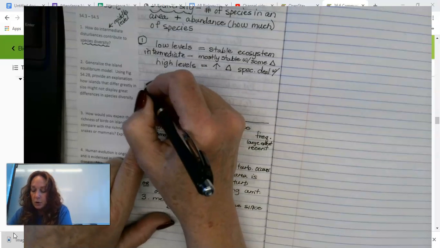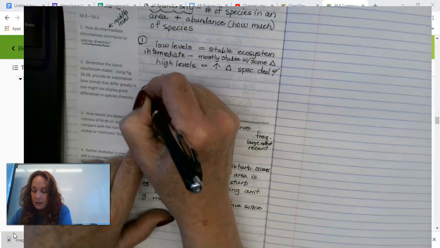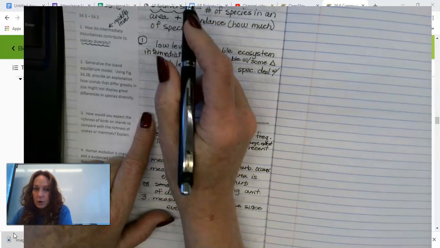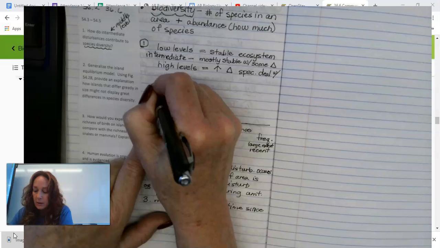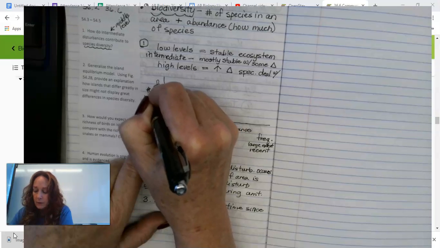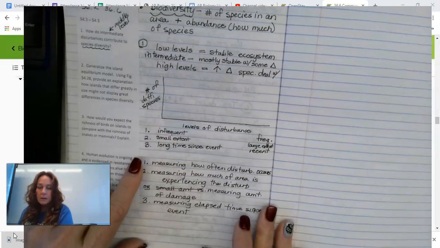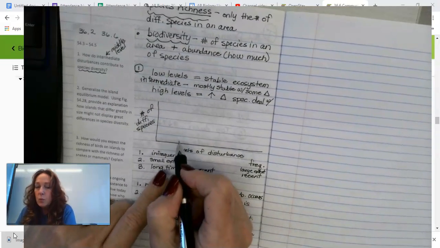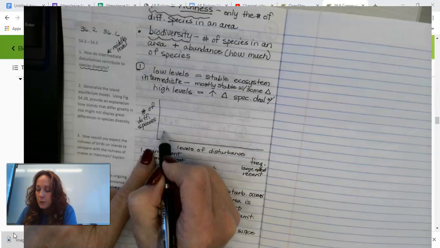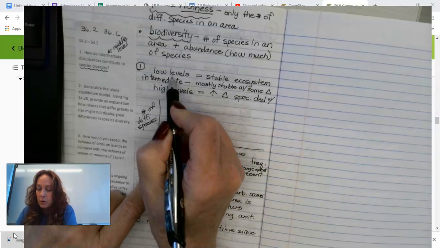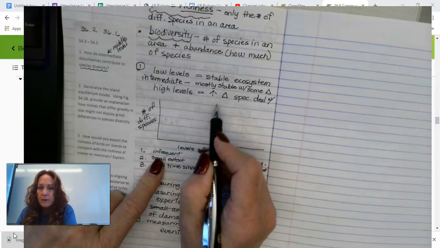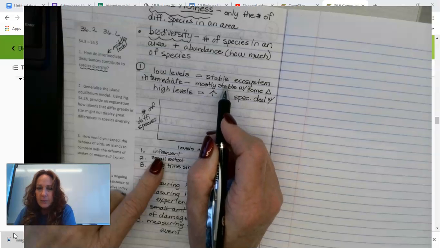So this is just counting how many species are there. So that would be richness. So I'm just going to put the number of different species. As weird as it sounds, over here we said that when you have low levels of disturbances, things are pretty good, like it's a stable ecosystem.